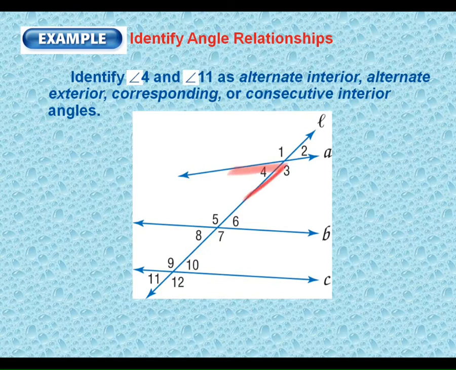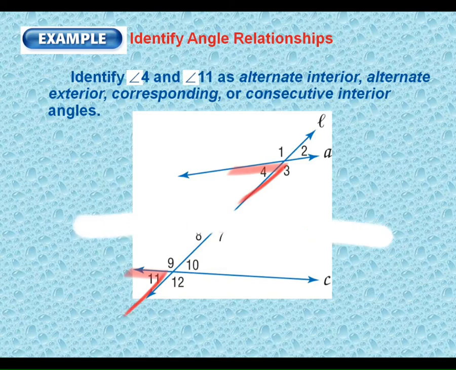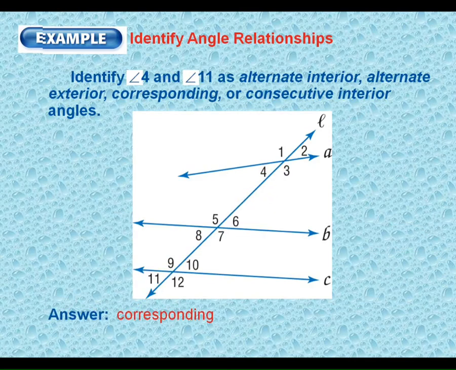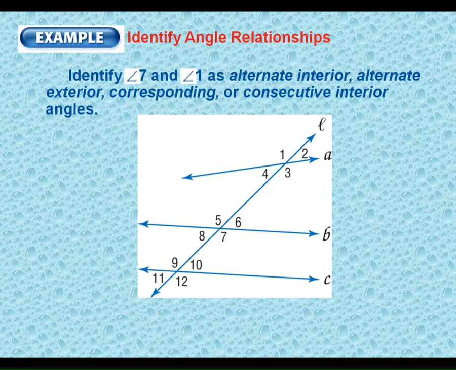Angle 4 is here. Angle 11 is here. Again, this time you're going to have to visualize that not being there. What type of angle relationship would 4 and 11 be? Yeah, those are corresponding again, right? One on the interior, one on the exterior, same side of the transversal.